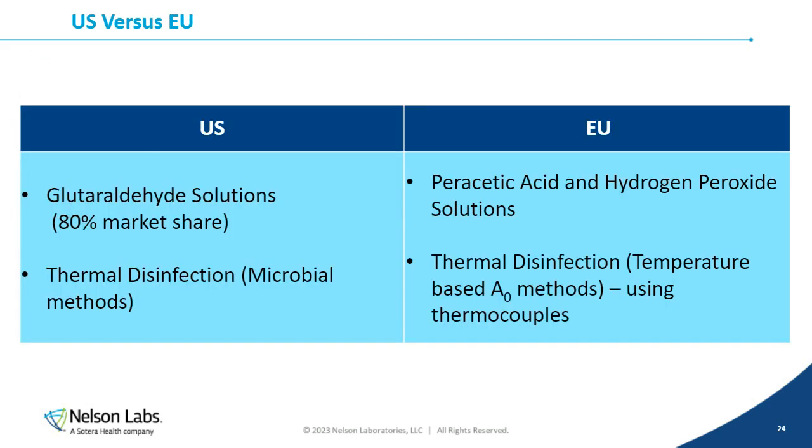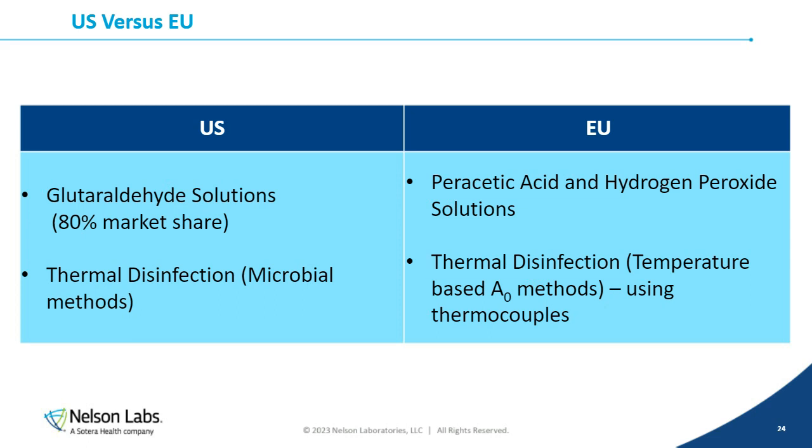Now, some things to note between the US and the EU is that the US prefers more glutaraldehyde-based solutions or similar solutions. So products such as Metricide or Cidex OPA, those are used predominantly here in the US.